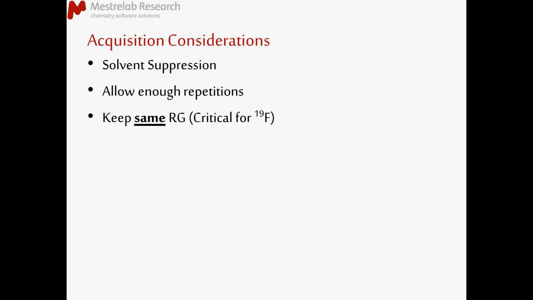This is mostly critical for fluorine 19. In this scenario, we usually don't have any signal that is present in every single sample that we can use as a hook. So if the receiver gain is not the same, we are going to have serious problems trying to quantitate, either manually or automatically.